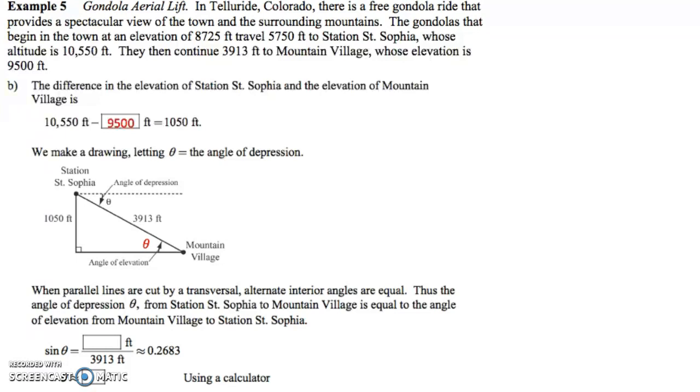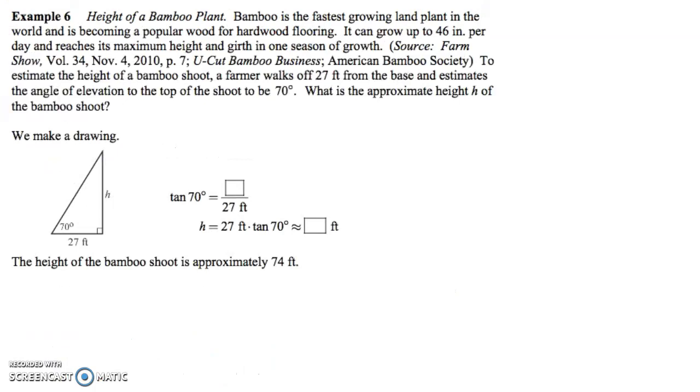We have ourselves a right triangle, so we can use sine, opposite over hypotenuse, to identify the angle measurement, also by using the sine inverse. So when I take the opposite over hypotenuse and use the sine inverse, I find that the angle is approximately 15.6 degrees. Let's try one more example here.